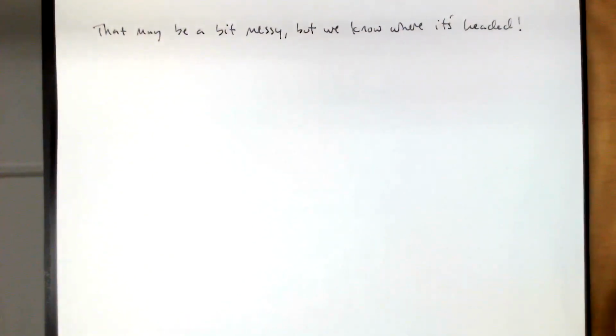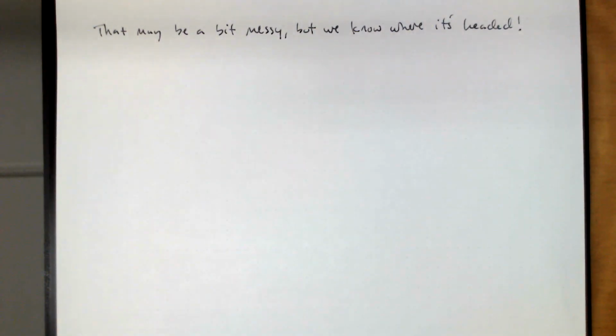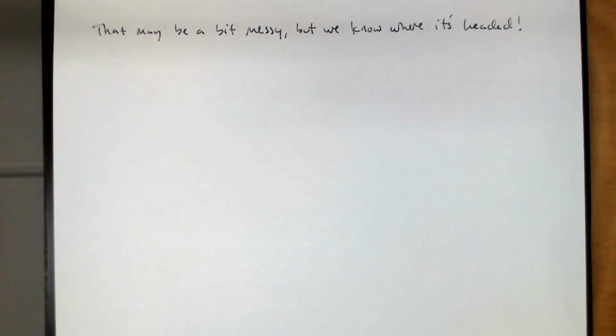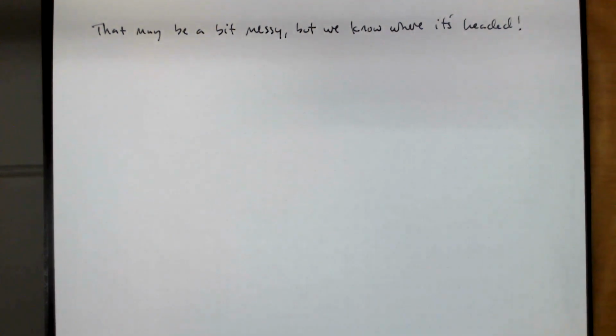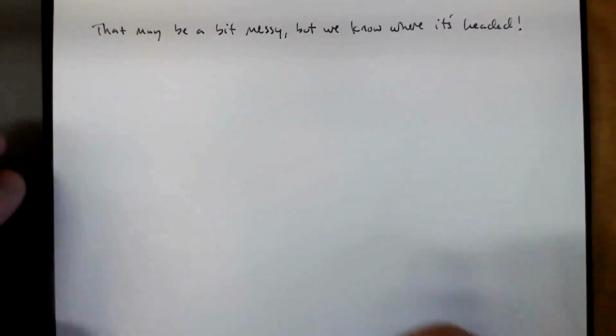So that integral may be a bit messy, but we know where it's headed. The last step is going to be an integral from -5 to 5 of some kind of area to turn into a volume.